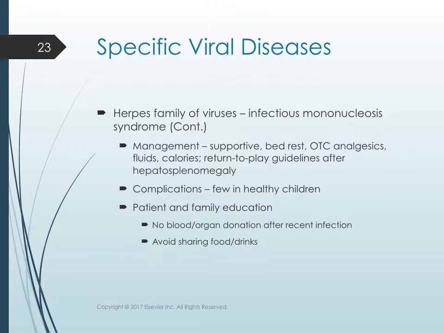Usually that is done in consultation with the pediatrician or ear, nose, and throat specialist, and occasionally children will be admitted to the hospital to receive their steroids IV due to the risk of airway compromise.